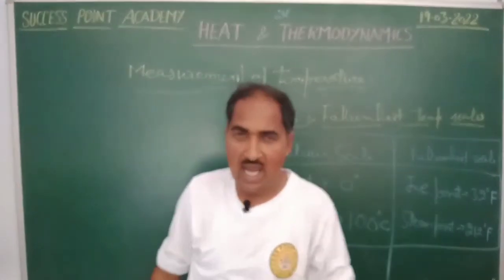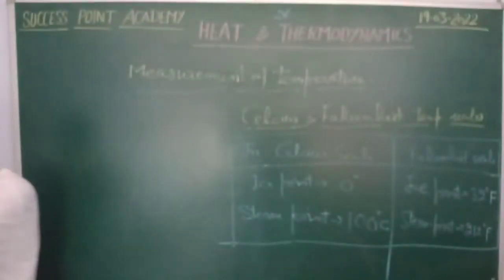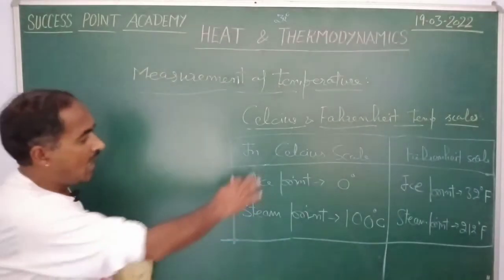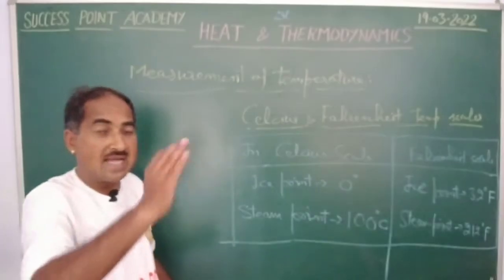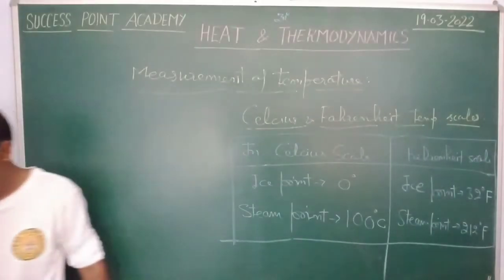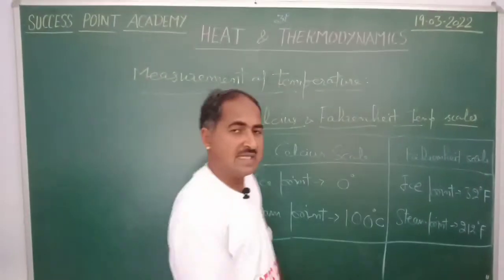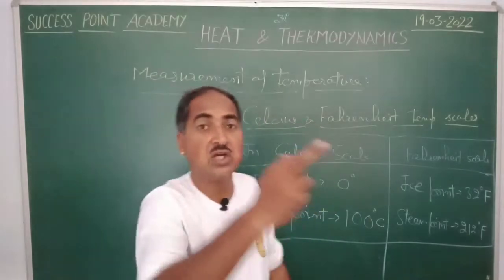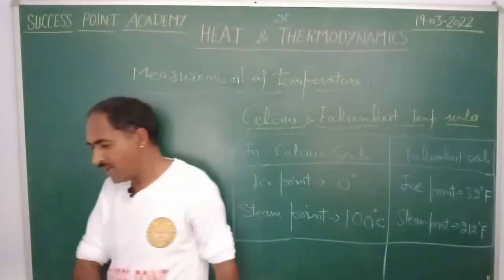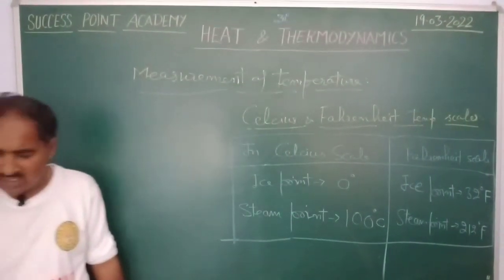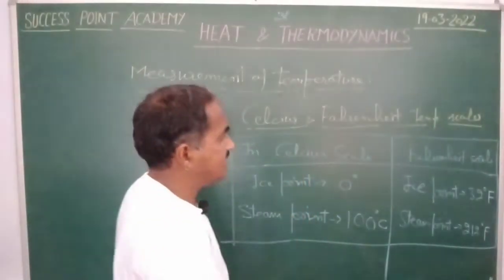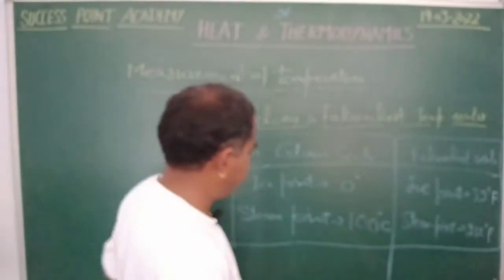So let us see how we do that. It implies that 100 divisions in the Celsius scale are equal to 180 scale divisions of the Fahrenheit scale.